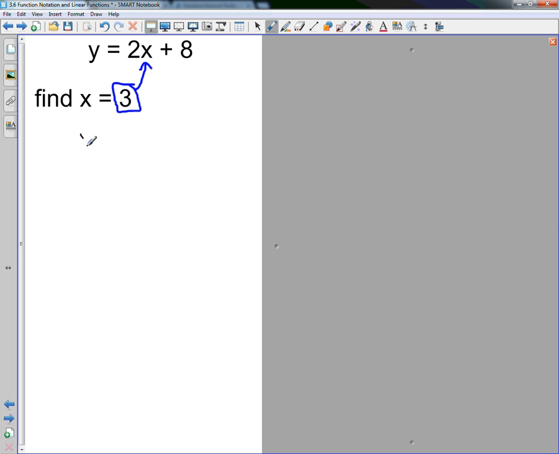So we get y equals 2 times 3 plus 8. And then we multiply, and that gives us 6 plus 8, or y equals 14. So when x is 3, y equals 14.